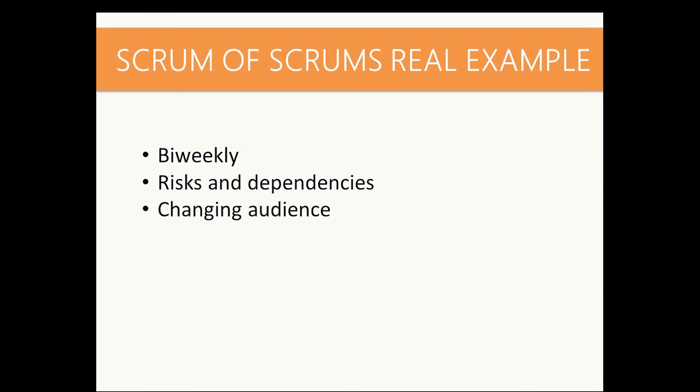And sometimes a day before, topics are reviewed, and the audience may be expanded depending on the topics that we are going to be discussing and the urgency of the matters. We can invite the lead developers or QAs, architects, some technical referrals. But mainly we talk about risks and dependencies and check if these are being followed and resolved from one meeting to another, as I said in the previous meeting.